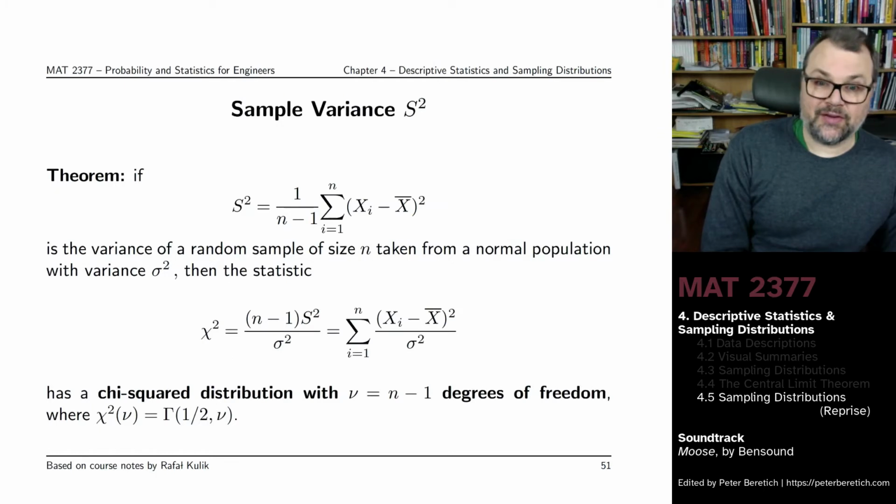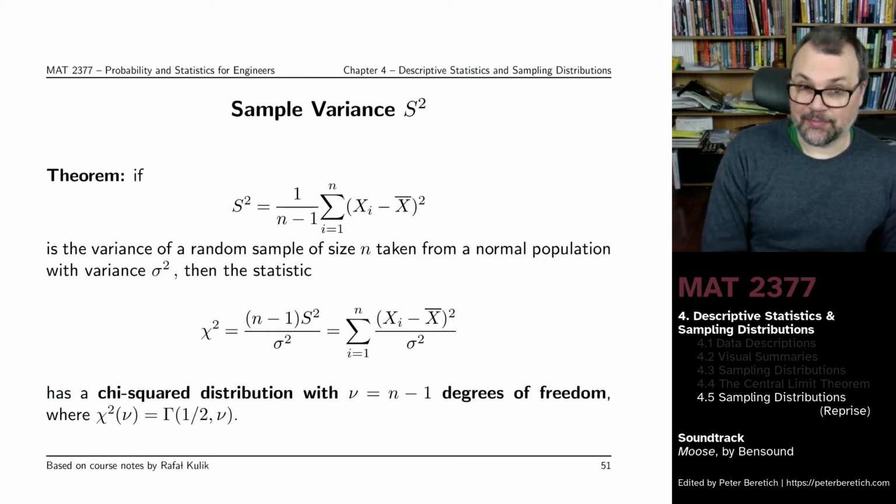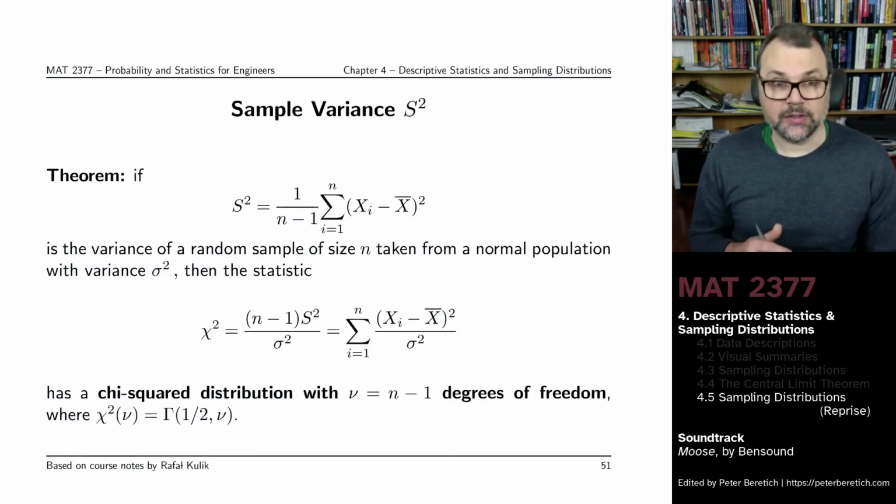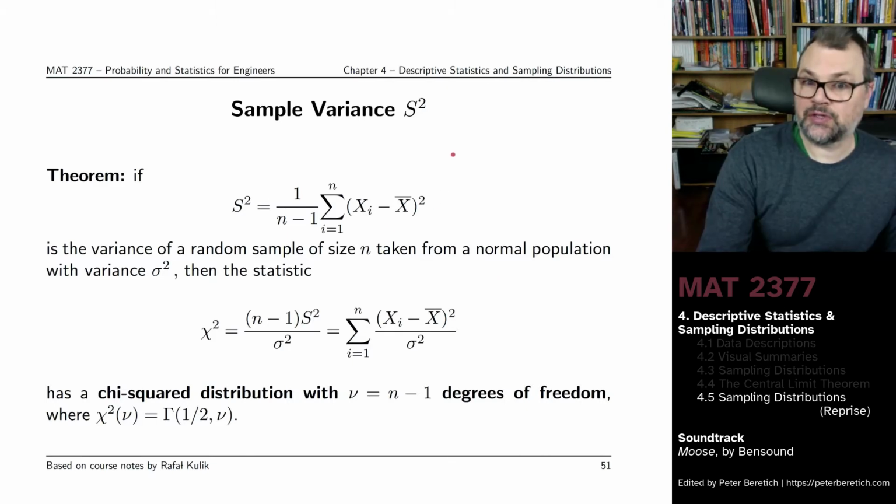We also have sampling distribution information about the sample variance. If you have a sample, x1 to xn, you can compute its sample variance. It is going to be the sum of the squares of the differences between the observation and the sample mean divided by n minus 1.